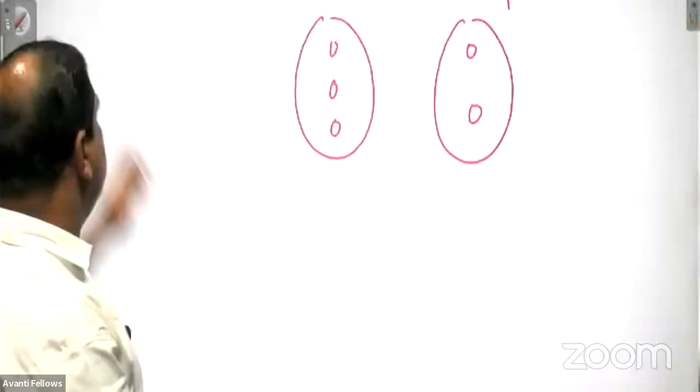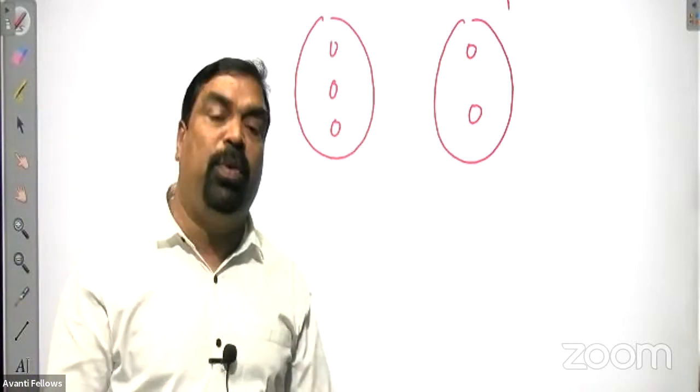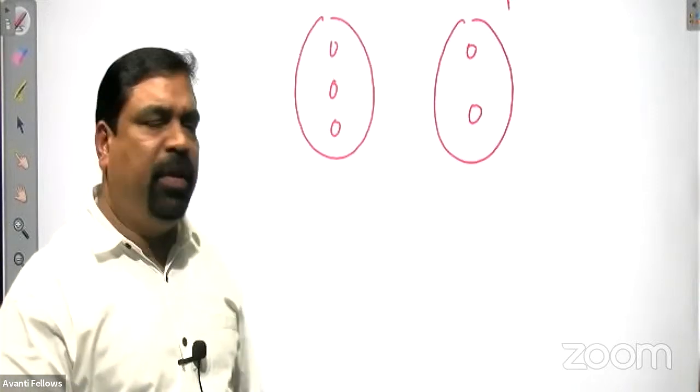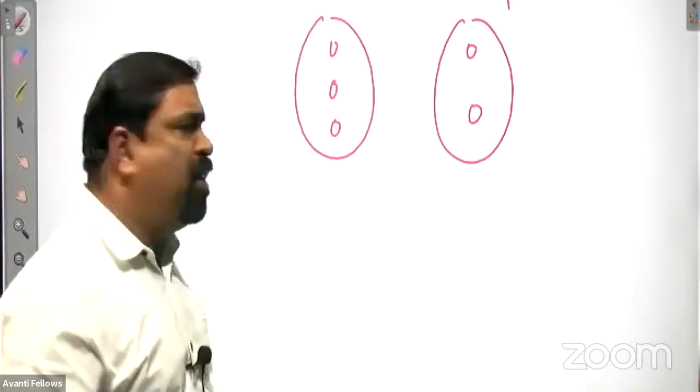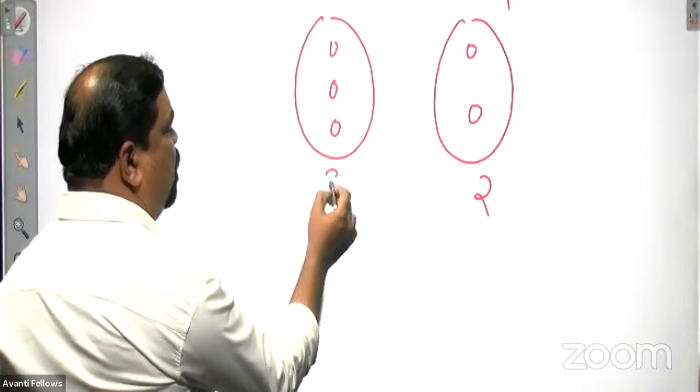So what I have taken is A contains 3 elements and B contains 2 elements. So the number of onto functions equals... I think you may know the answer also. The total number of functions will be what? This set contains 2 elements and this set contains 3 elements.